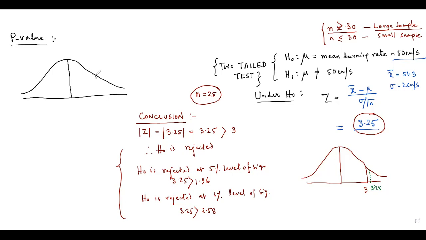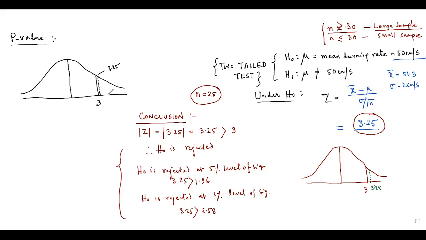Try to understand the particular logic which I'm going to talk about. 3.25 is lying somewhere here, and this value is very near to the value 3.